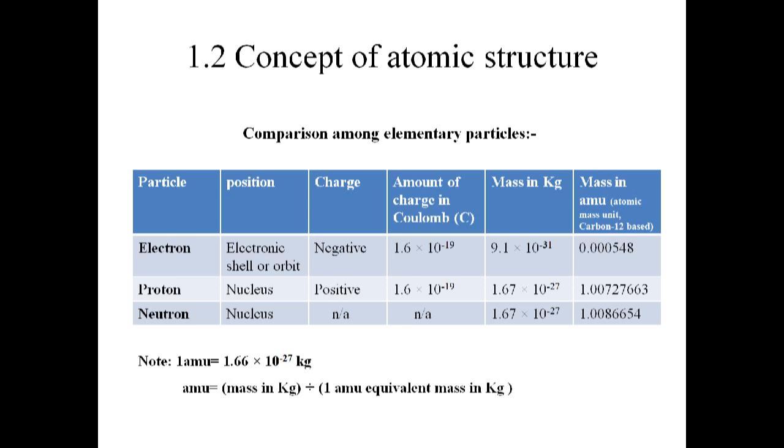If you compare the electron, proton and neutron based on their mass, we can see the mass of the electron is very light compared to the neutron and proton. The mass of the electron is 9.1 × 10^-31 kg. The proton and neutron have approximately similar mass, not exactly the same, but we can say 1.67 × 10^-27 kg.